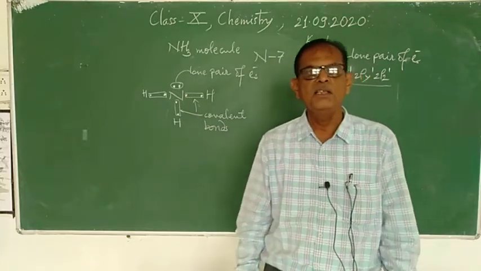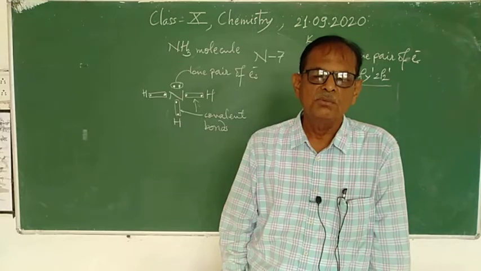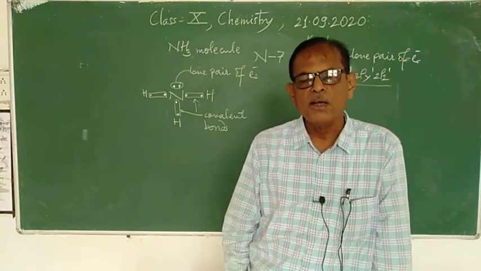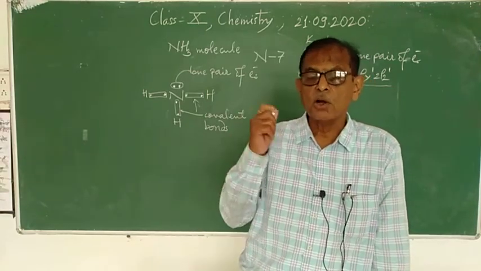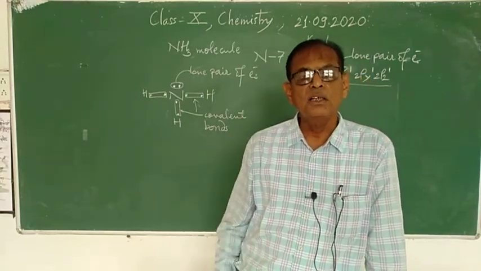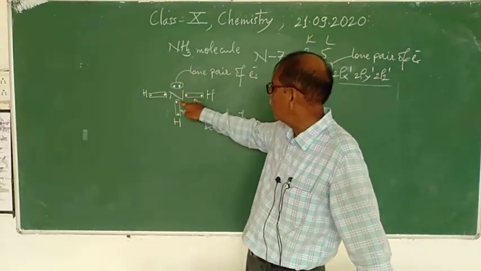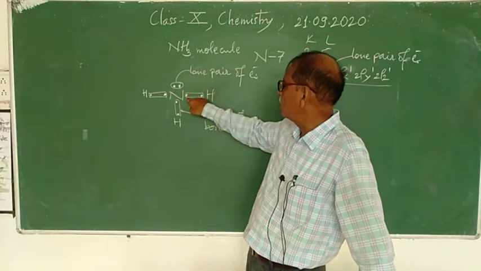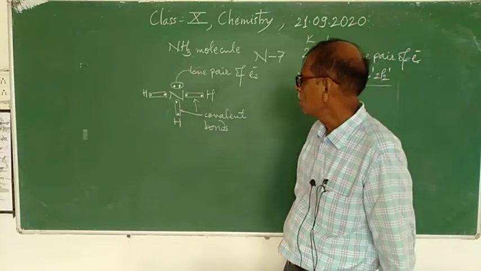Sharing means that the 2 atoms share the electron pair, and in the formation of a covalent bond, each atom contributes 1 electron. Hydrogen contributes 1 electron, nitrogen contributes 1 electron. So this is about the covalent bond.